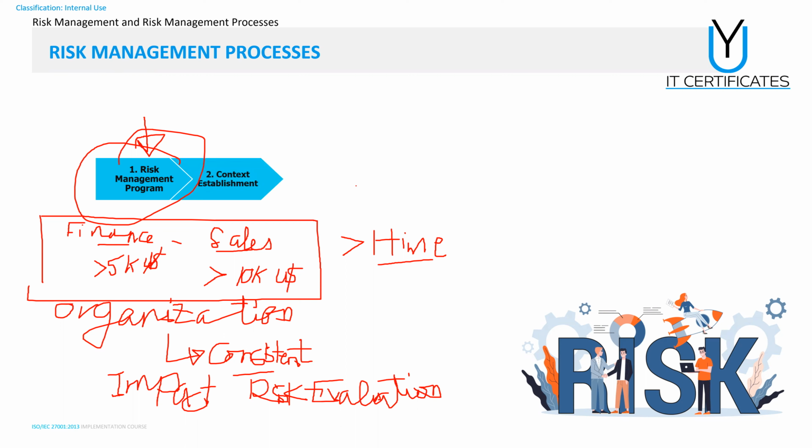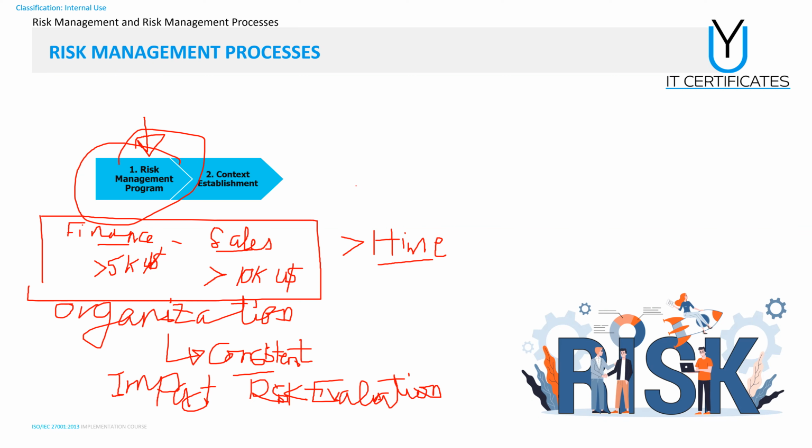Another process which is very, very important, and unfortunately a lot of people do not care about this step, although it is very important. One of the wrong concepts in the market is that when people try to build a risk management program, they do not think about the organization context.